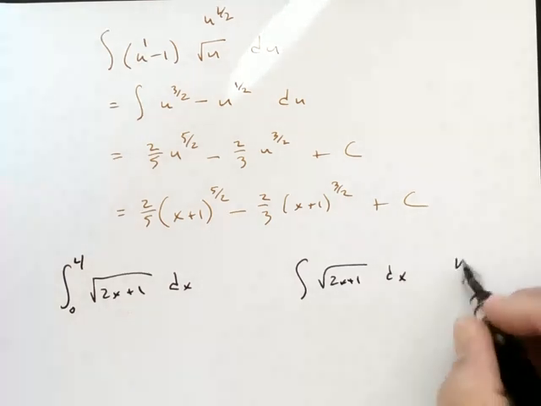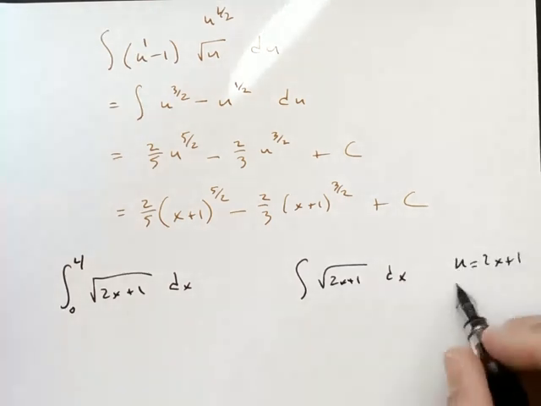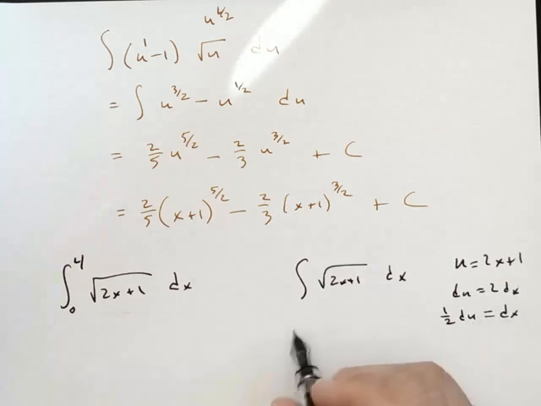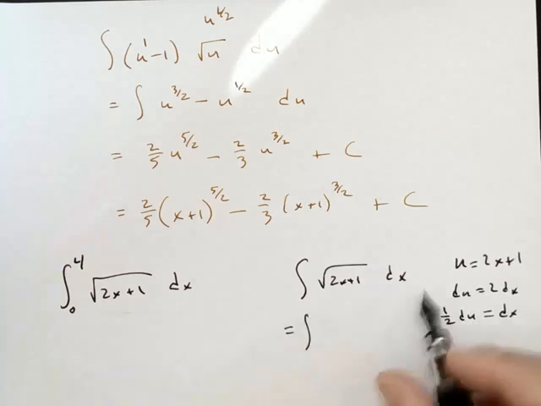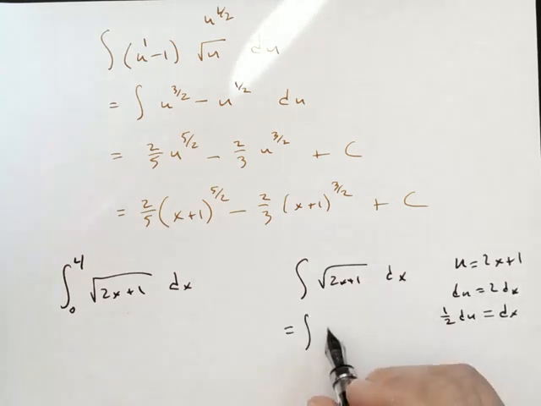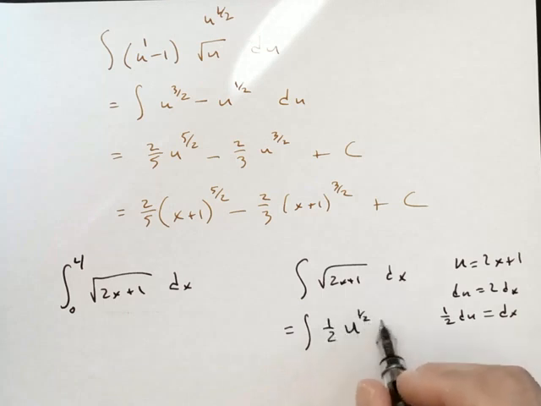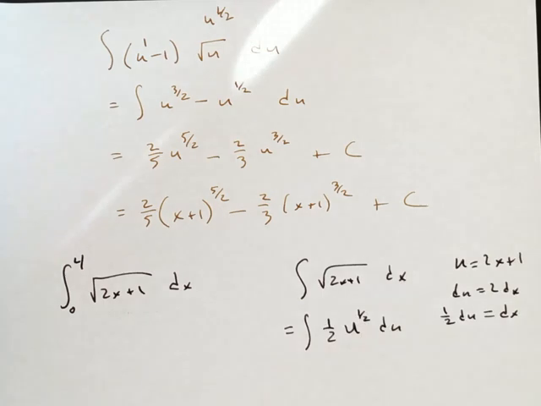Okay. u is 2x plus 1. du is 2 dx. That means I get a 1/2 du. And so I get the integral of 1/2 u to the 1/2 du. Oh, I should have put the 1/2 on the outside of the integral.